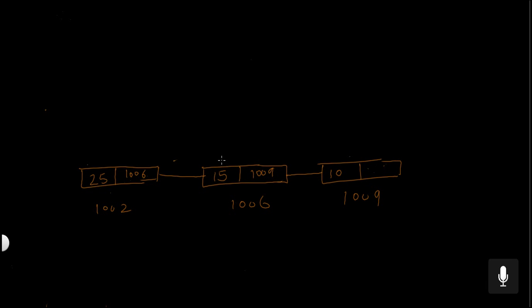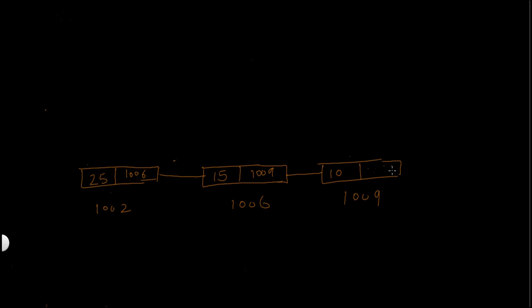Now if this is a linked list made up of three nodes, then this will definitely be the last node. The question is, what will the link part of this node store? Because the link part of each node stores the address of the next node, but this is the last node, so this node has no next node.